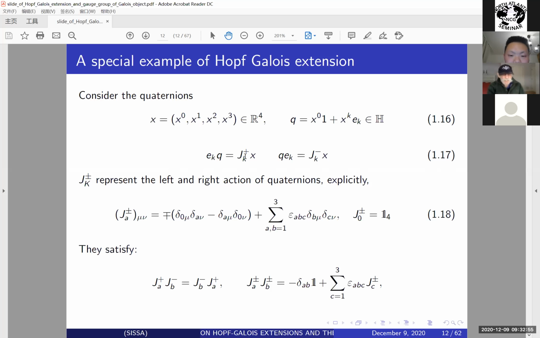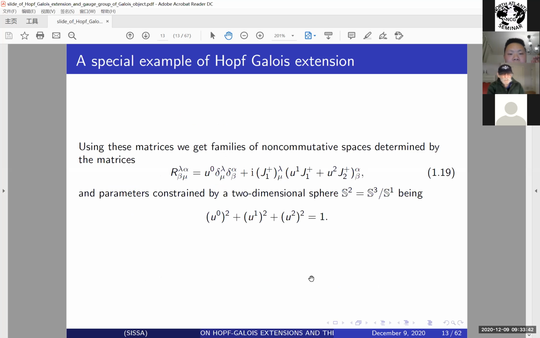That is, jk plus is the left representation of ek by multiplication on the left, and jk minus is a representation of ek by multiplication on the right, and jk plus and minus can be given explicitly by 1.18, and we can see j plus and j minus commute with each other since quaternions are an associative algebra, and we can also see j plus satisfy a similar commutation relation as the unit quaternion, and similarly for the right representation of quaternions.